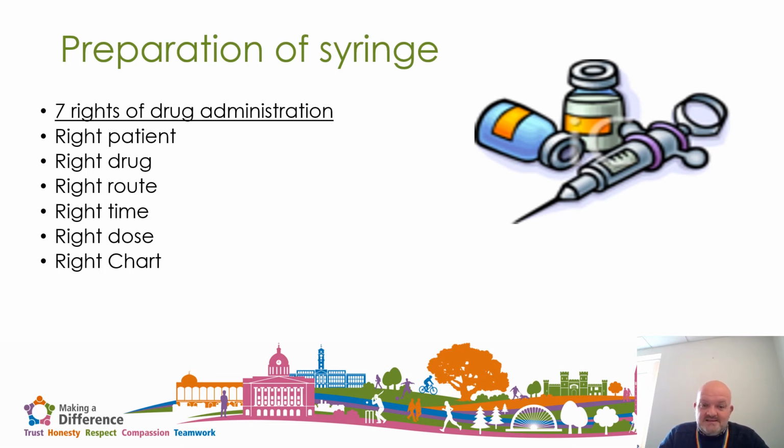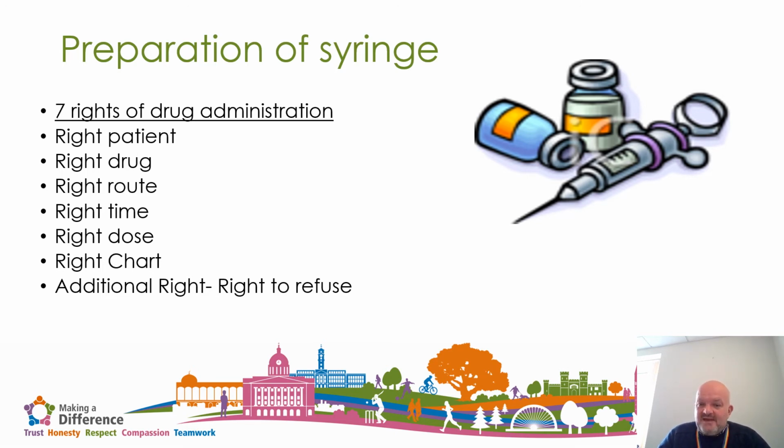And the last right of administration is the right to refuse. So we've talked about the patients giving consent. If they don't give consent, then it's down to us to find another way of managing this person's symptoms. It may be that they need a bit more information. It may be that they need a bit of time to discuss it with loved ones or carers.